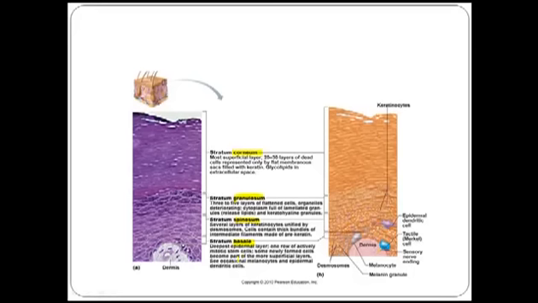This is going to be one layer of actively dividing cells. So in this picture off to the right it would be these cells right here. This is going to be the only layer of cells that divides. These cells will have a rich blood supply from the dermis. All the other cells in the further layers out will no longer have a blood supply from the dermis.